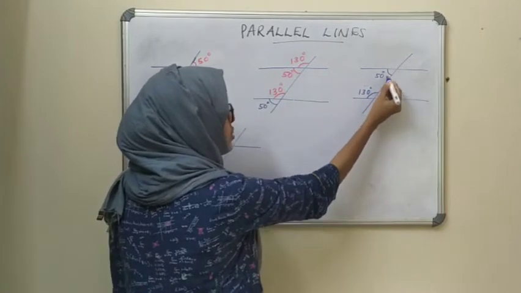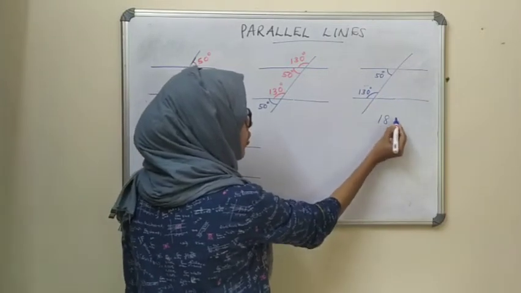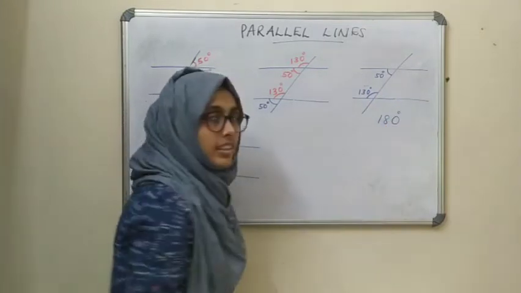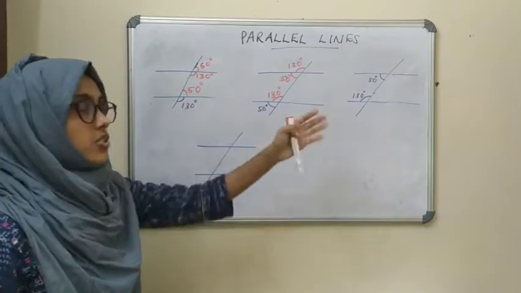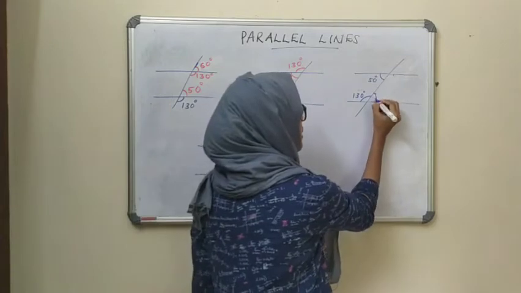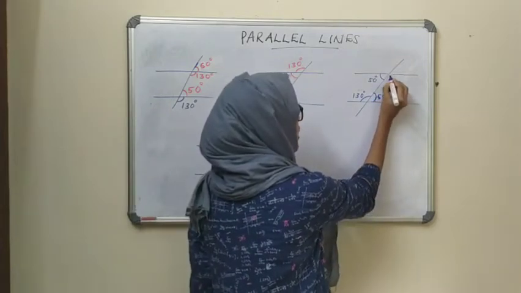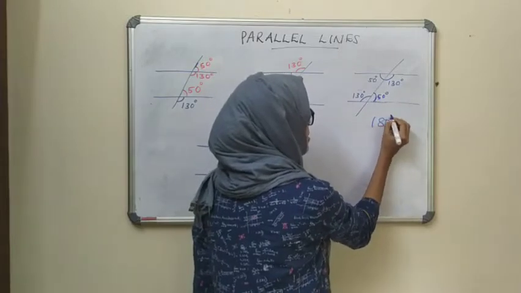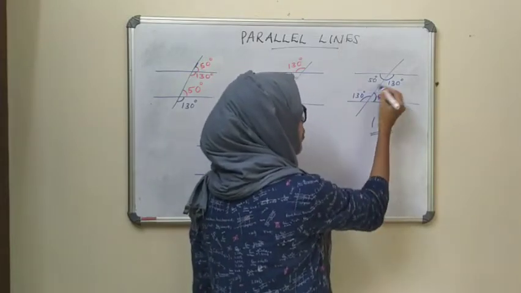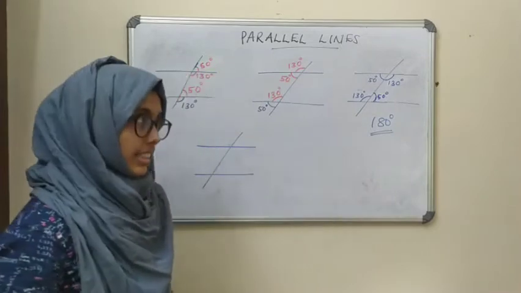When you add these two angles, you are getting 180 degrees, isn't it? Now I am going to write these two angles also. So this is 50 degrees and this is 130 degrees. So the sum of these two angles is 180 degrees, isn't it?